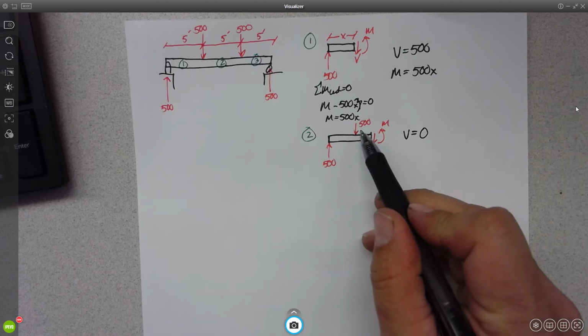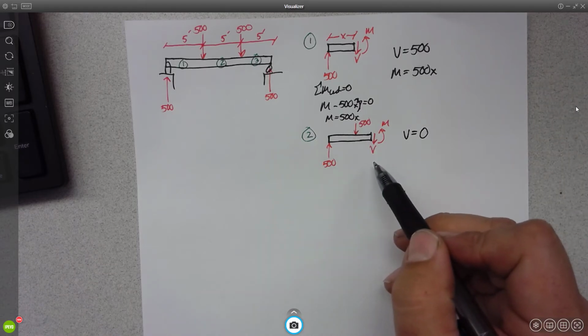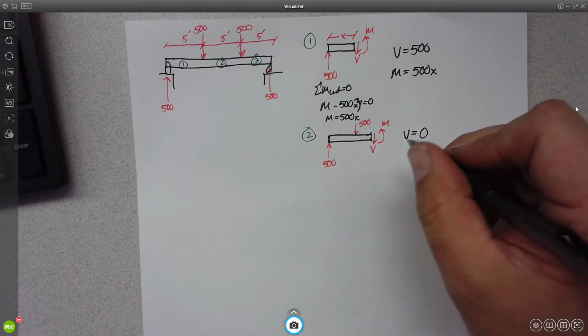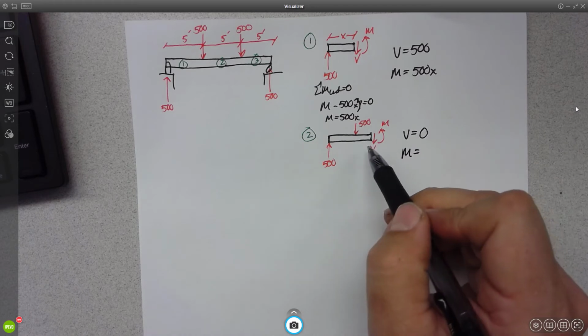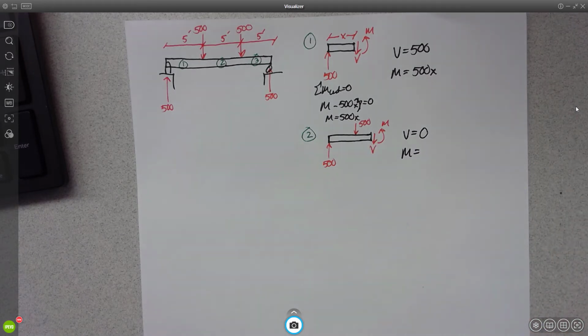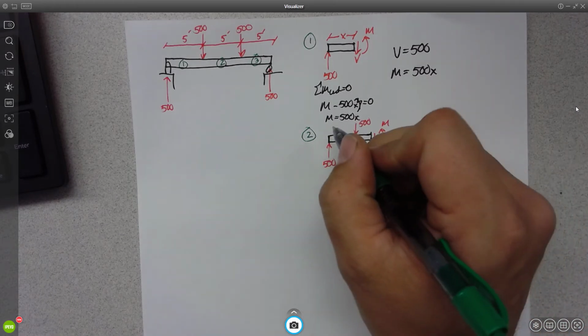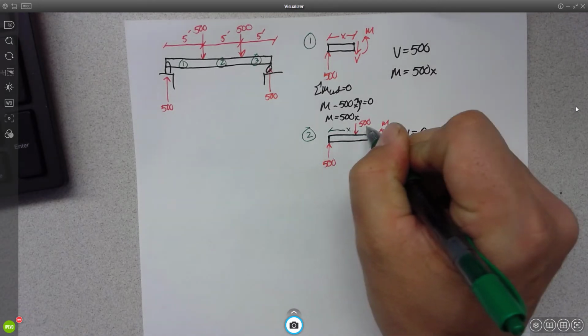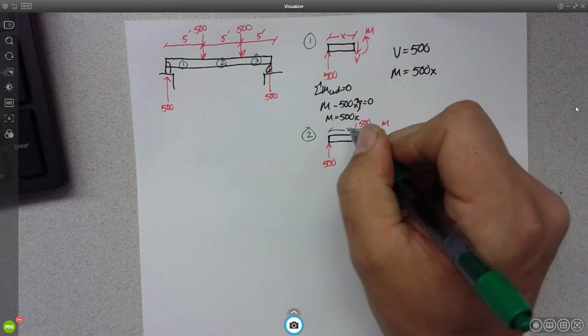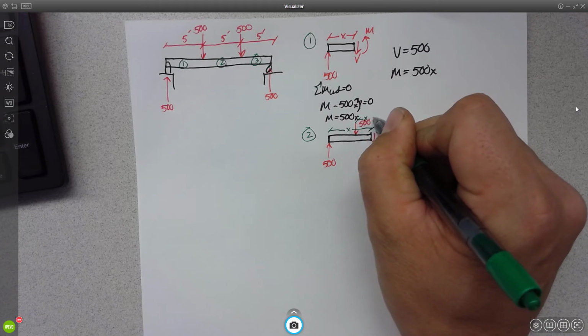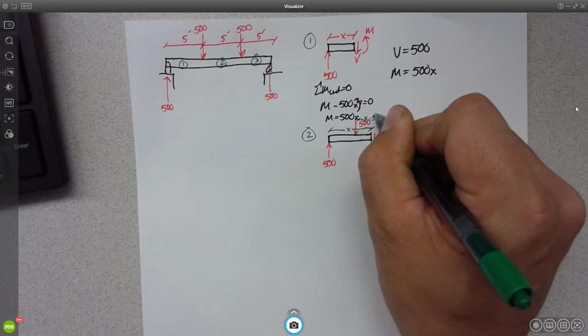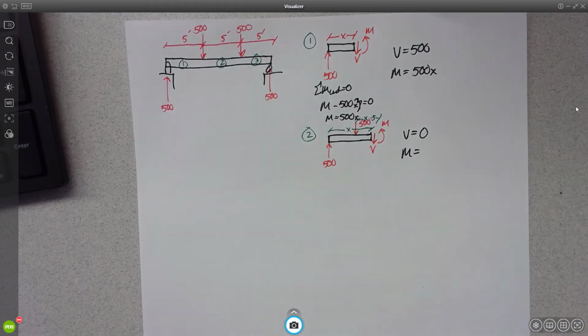V plus 500 minus 500 plus V, that'd be 0. Okay? The moment then? It'll be x minus 5 there.